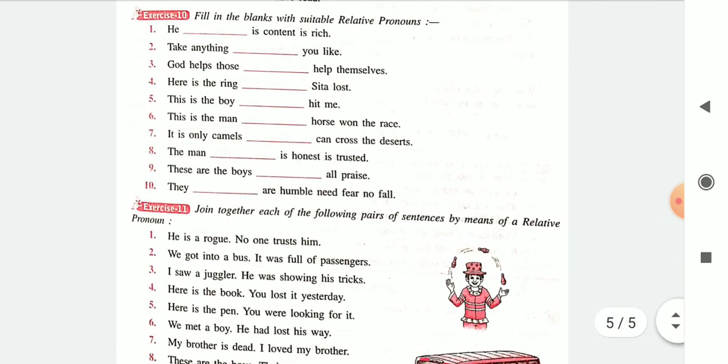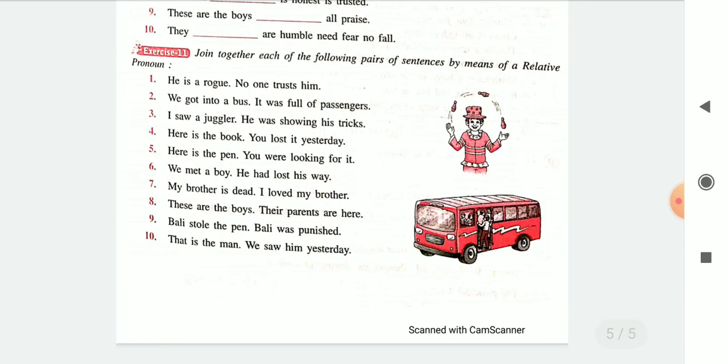In the same way, after you finish exercise 10, you can do exercise 11 by joining the two sentences with the help of a relative pronoun. Let me do the first one for you. He is a rogue. No one trusts him. So now we are joining it. So he is a rogue whom no one trusts. Whom no one trusts. Again, him won't come because here you are joining the two sentences.